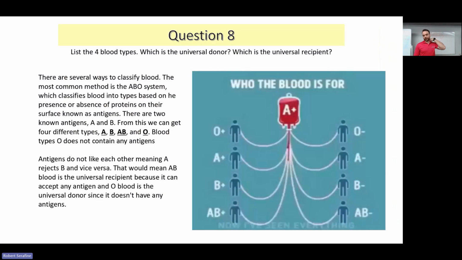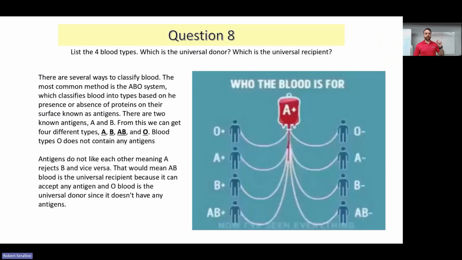Now, we further split the blood types into positive versus negative. So all four of these blood types can be positive or negative. Being positive or negative means you're positive or negative for what's called the RH factor. And that limits you even further.